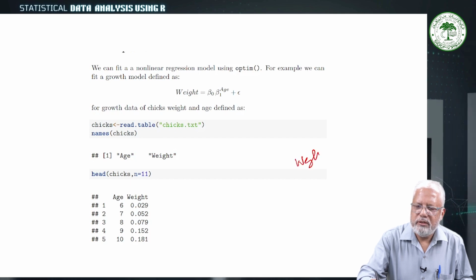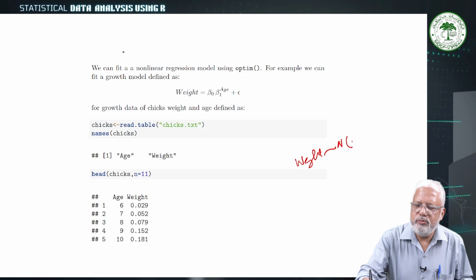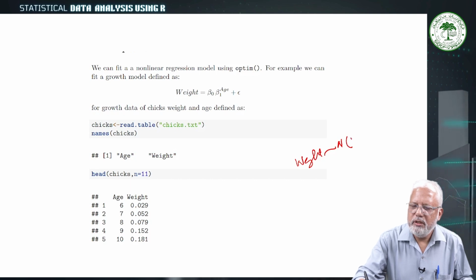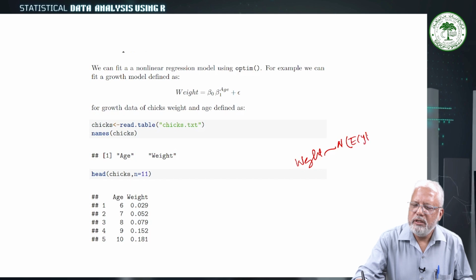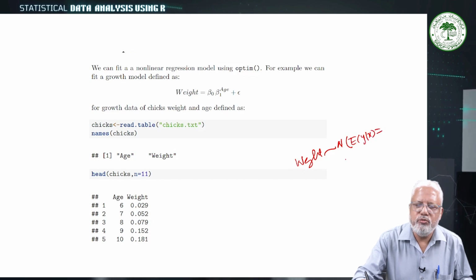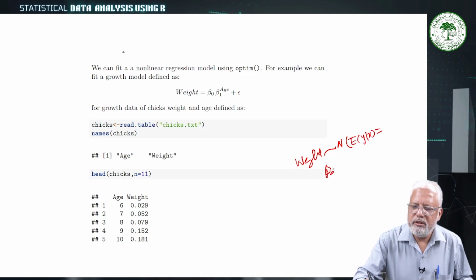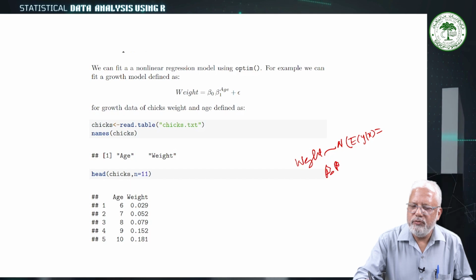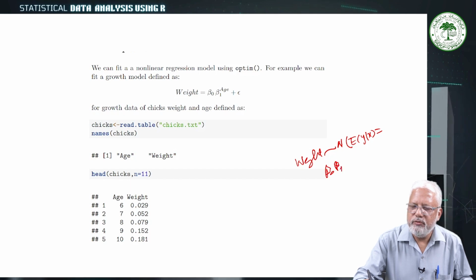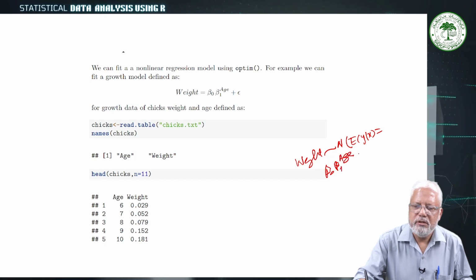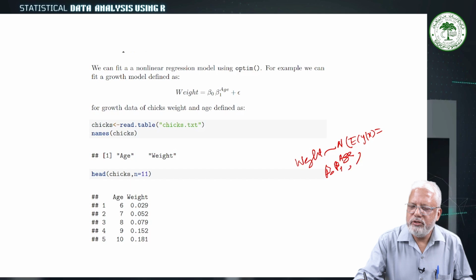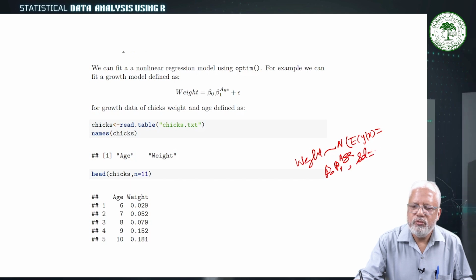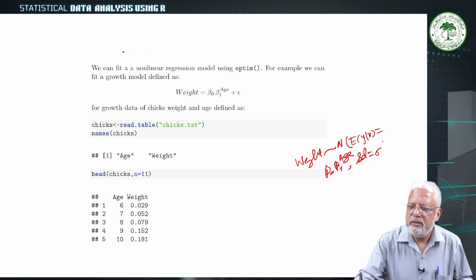Weight follows a normal distribution with expectation of y, or weight given x, equal to beta naught into beta 1 raised to the power age, and so this is the mean, and SD is equal to sigma.